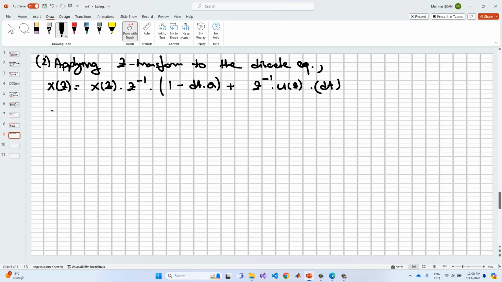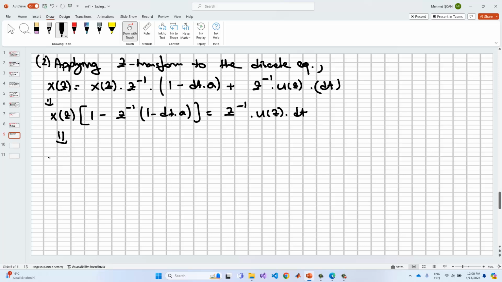And so if we collect the whole terms into the X(z) value in here, 1 minus z^(-1)(1 minus dt times a), equals z^(-1) U(z) times dt.